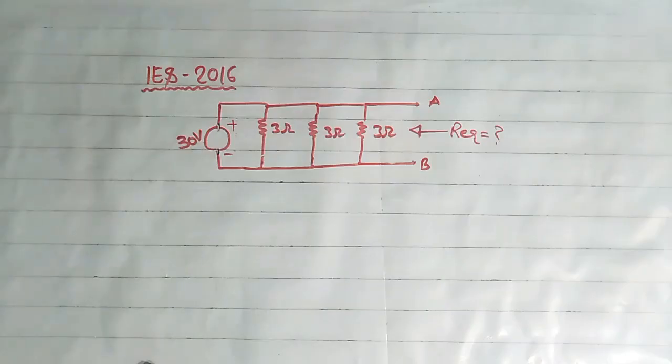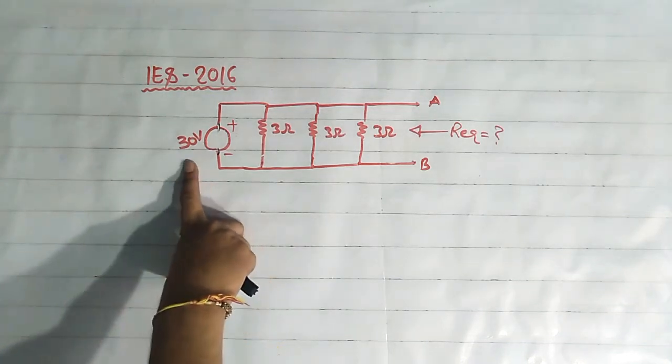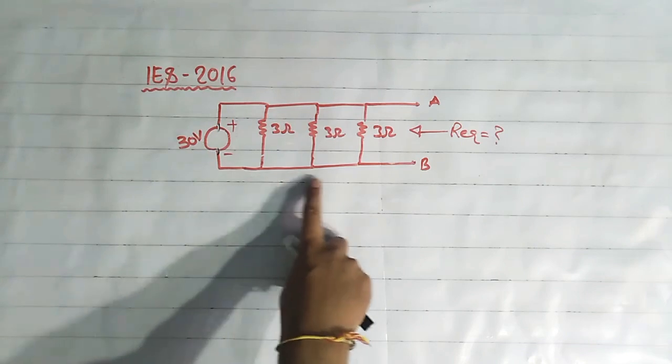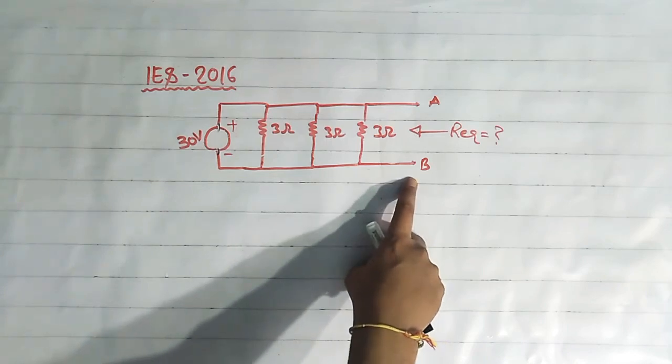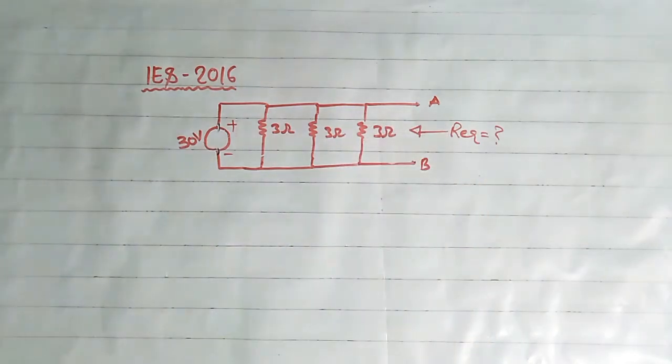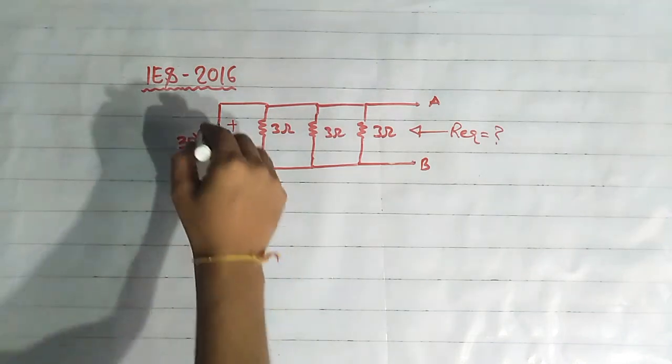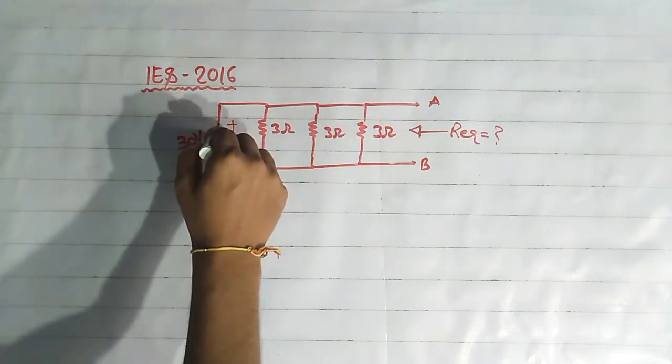Now see this question that has been asked in ES 2016. Here in this circuit, this 30 volt source is given and these 3 ohm resistances are connected in parallel, and we have to find the equivalent resistance across terminal AB. To find the equivalent resistance, we have to short circuit the voltage source.